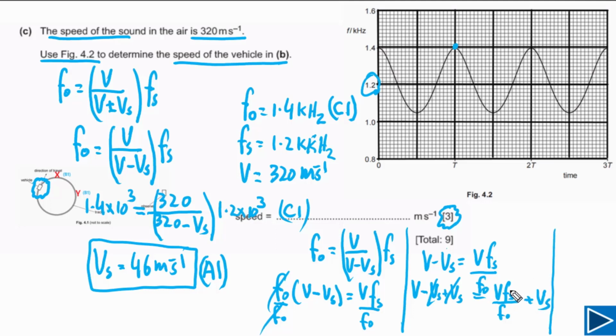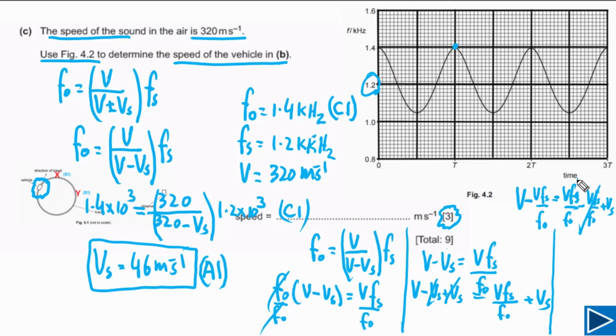Now we have Vs here, but this is V times Fs divided by F naught. We can move this one to the left, so you also have to minus V Fs divided by F naught here, and plus Vs we have already here.